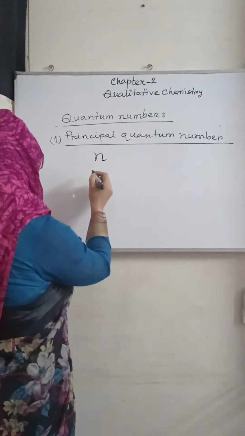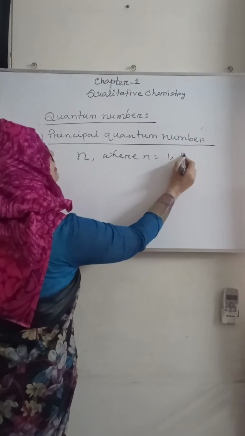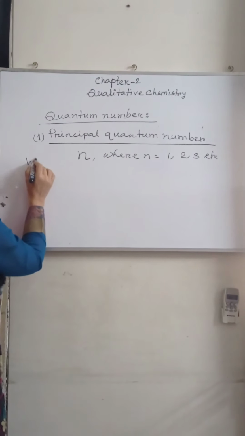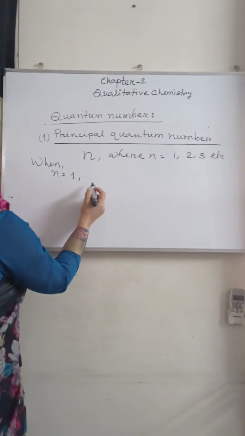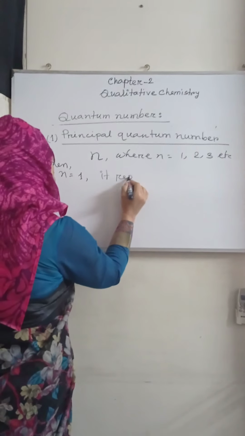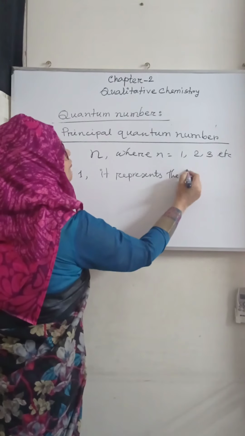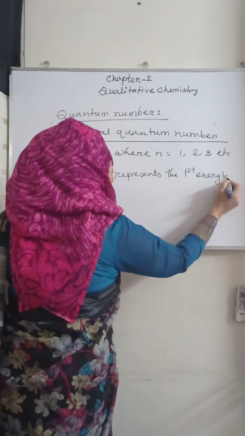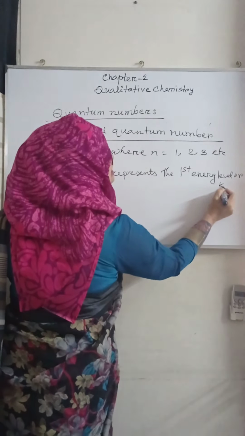This principal quantum number is expressed by n, where n equals 1, 2, 3, etc. When n equals 1, it represents the first energy level, or K shell.